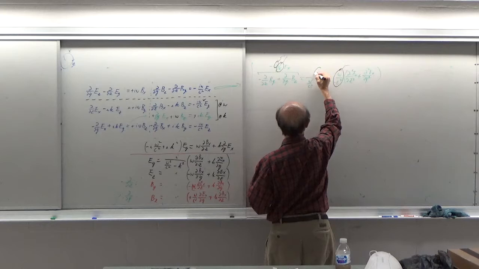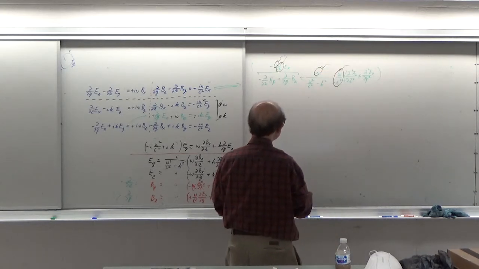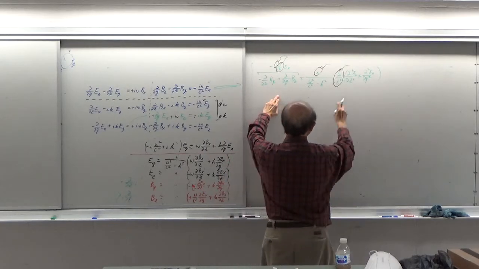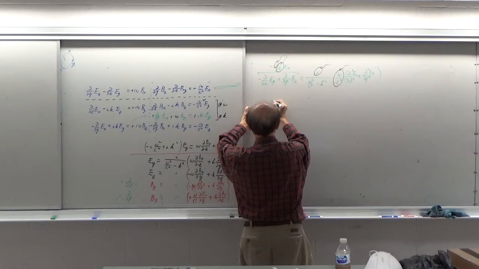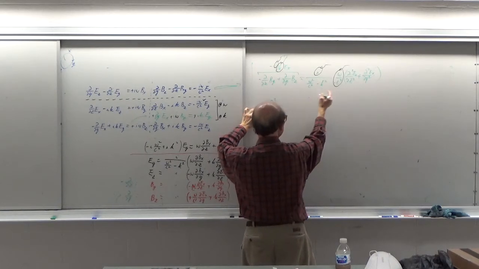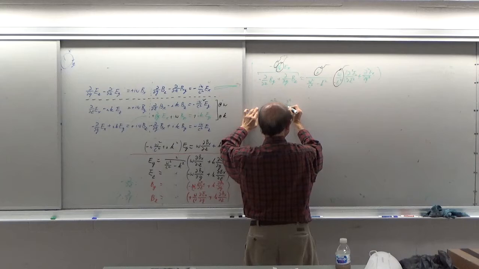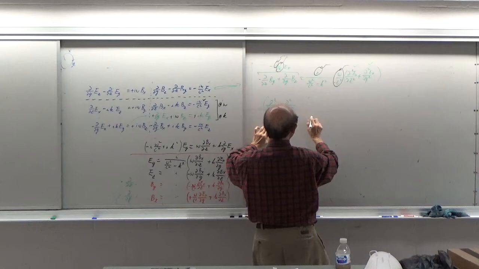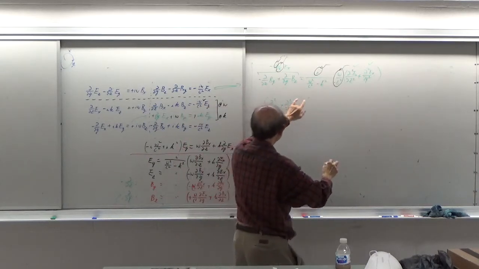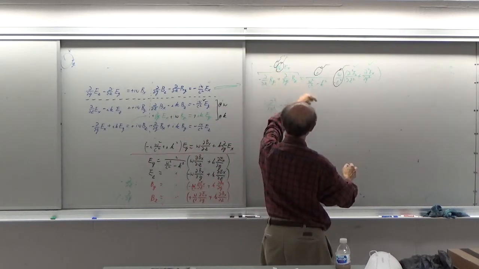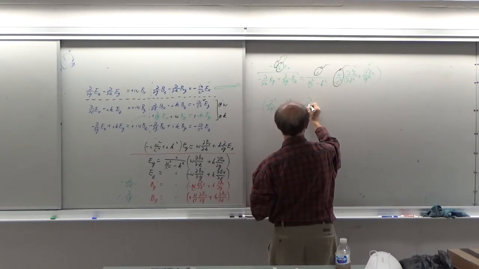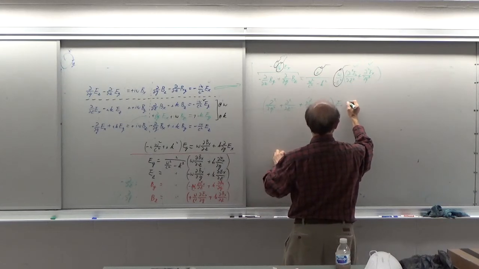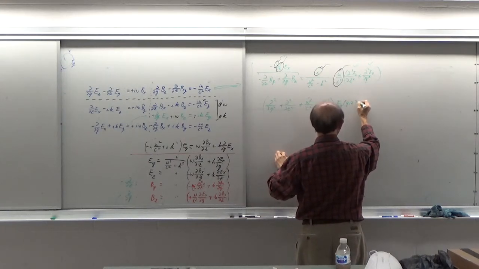So I get the following: del squared by del y squared plus del squared by del z squared, and putting the other term to the other side, plus omega squared over c squared minus k squared acting on Ex, which depends upon y and z, equals 0.